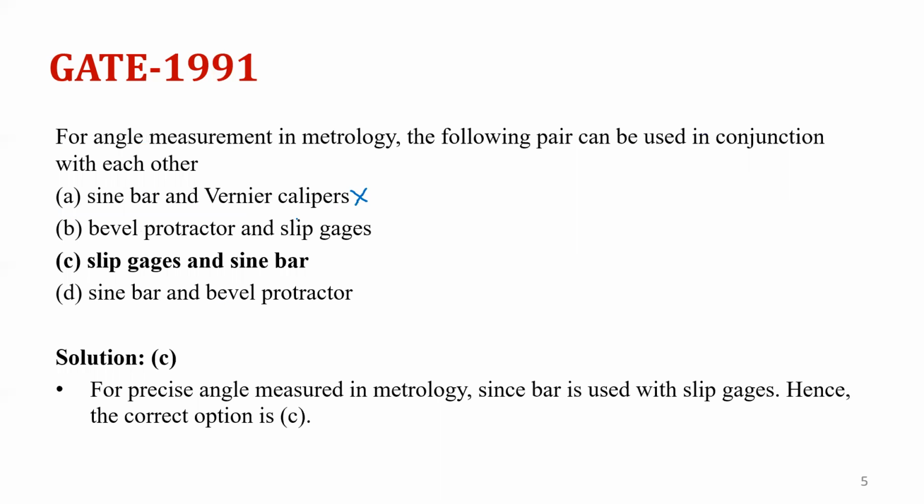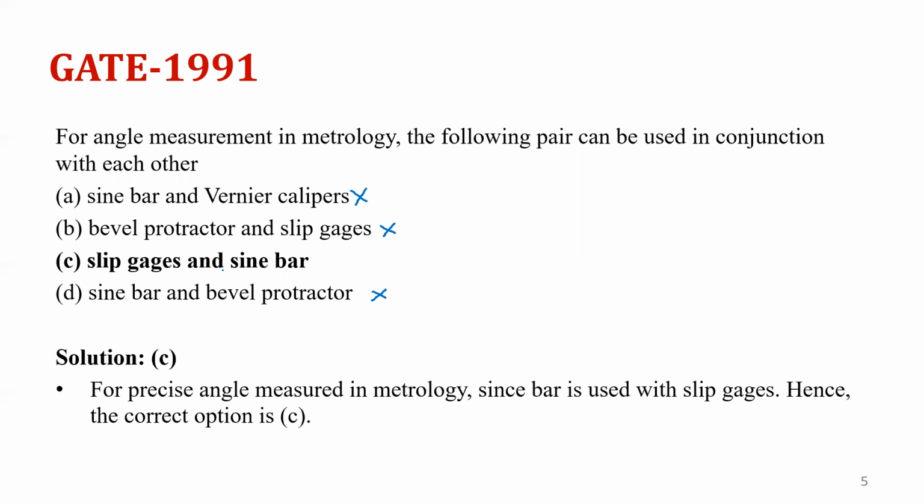So this is the wrong statement. And similarly, bevel protractor and slip gauges. So this cannot be used for measuring the angle. Bevel protractor itself is used for measuring the angle, and the slip gauges are linear measuring. The sine bar and the bevel protractor are two other separate instruments.